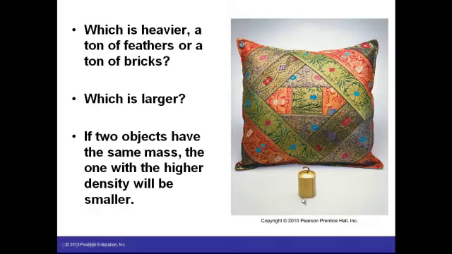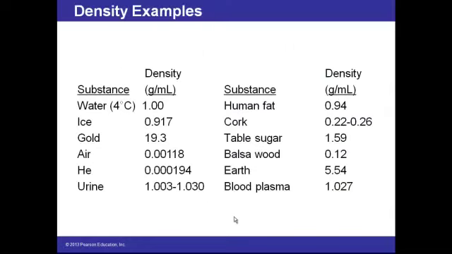The ton of bricks is going to be much more compact, and it's going to take up less space to give you that same weight. So if two objects have the same mass, the one with higher density is going to be smaller. It's going to fit into a smaller compressed compartment. It is more dense.